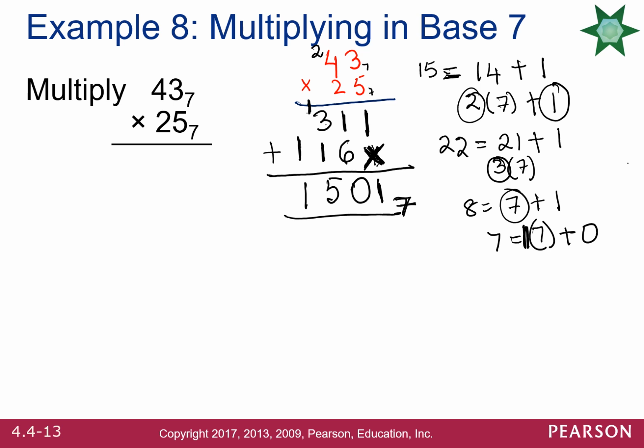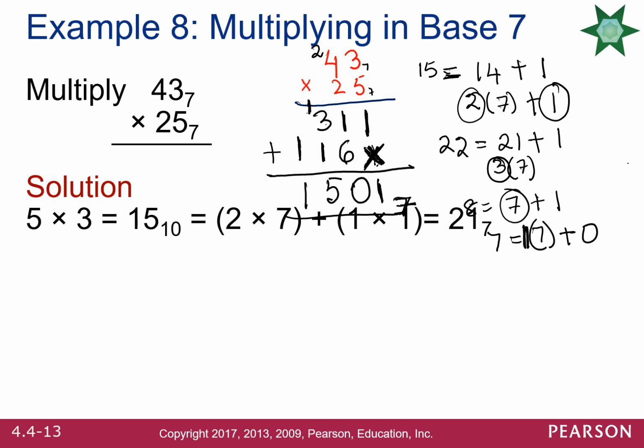All right, let's go over the solutions here. The solution says, first we multiply 5 times 3, which is 15. They also extracted 2 bundles of 7, and 1 was remaining. So what do they do next?